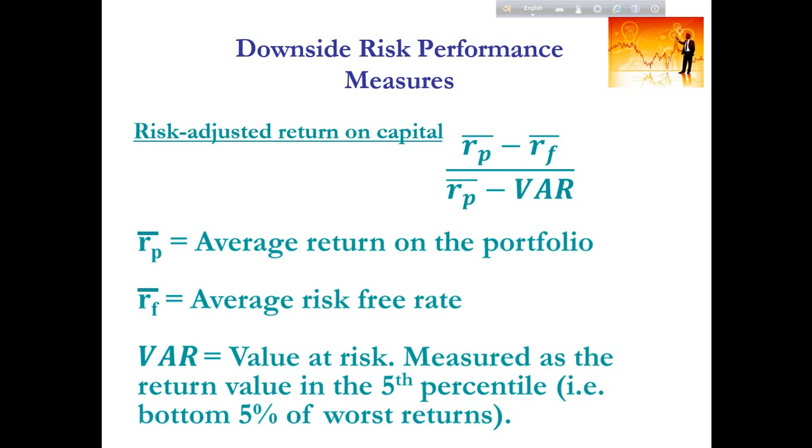This difference between the mean return and the 5% bar gives us a measure of downside risk of the distribution. So once again, the denominator here is a downside measure of risk, and we have excess return on top, downside risk at the bottom, to get our risk-return trade-off.